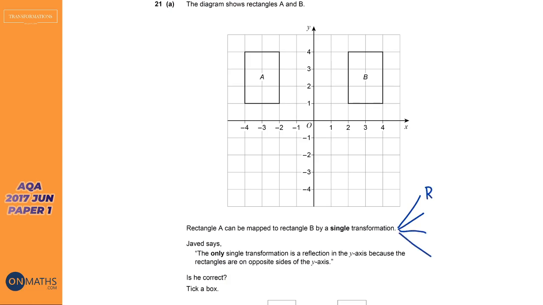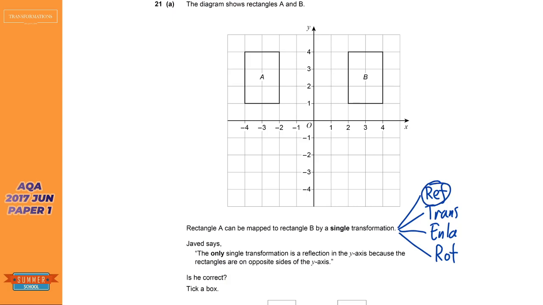So we've got reflection, translation, enlargement, and rotation. Those are the 4 transformations. So for this question, Javed's saying that it's only reflection, that nothing else works with it. So it's just a process of elimination.